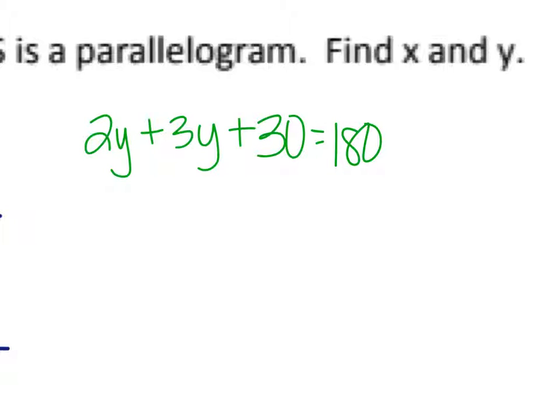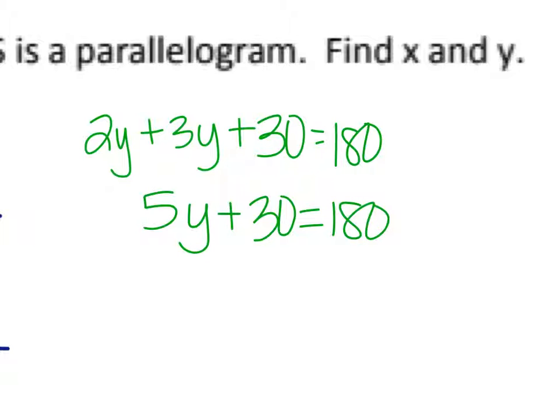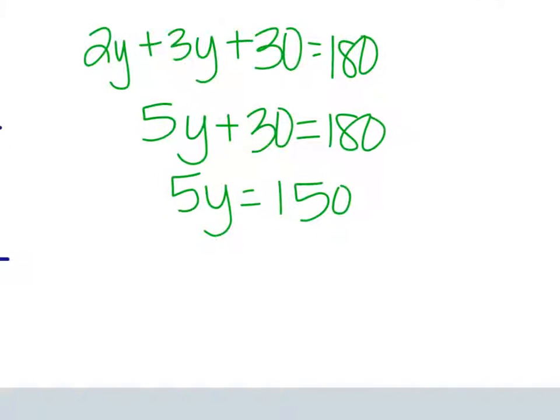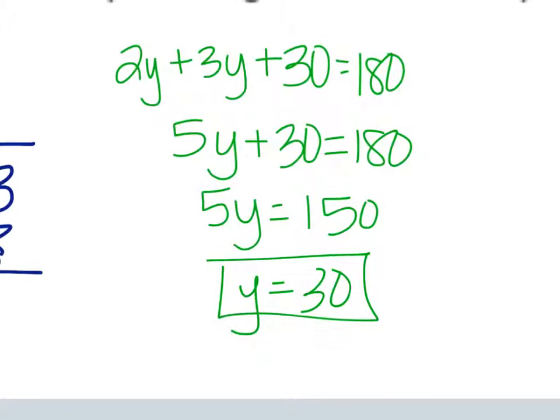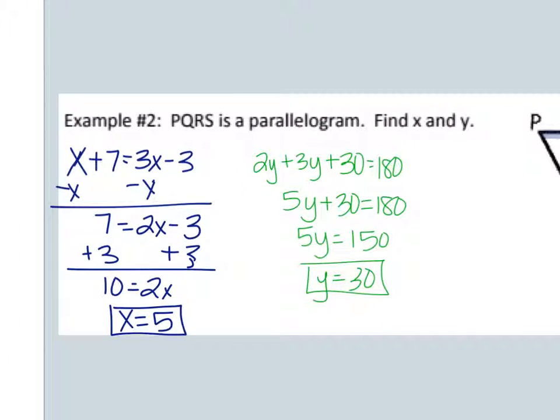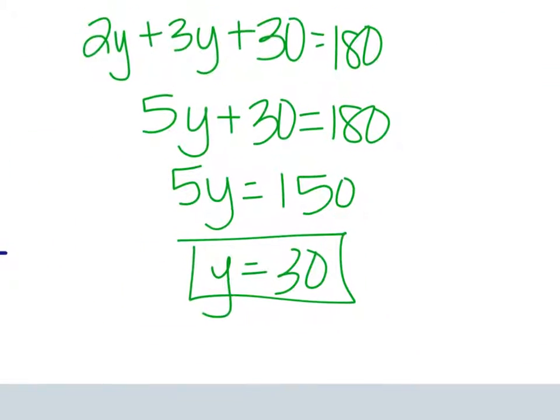Okay, so 5Y plus 30 equals 180. 5Y equals 130. Y equals 30.